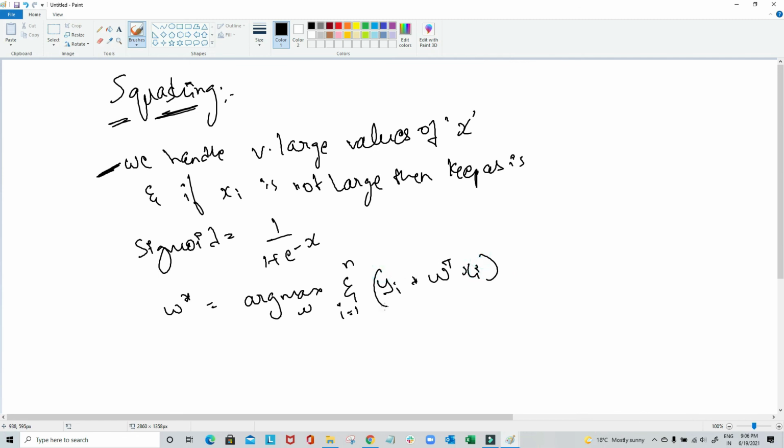To handle the large values of x, we will update this function like argmax of w, sum over i equals 1 to n, sigmoid of yi w transpose xi.